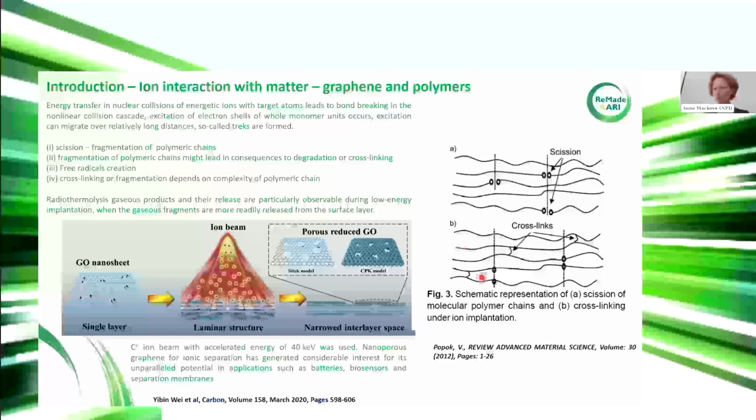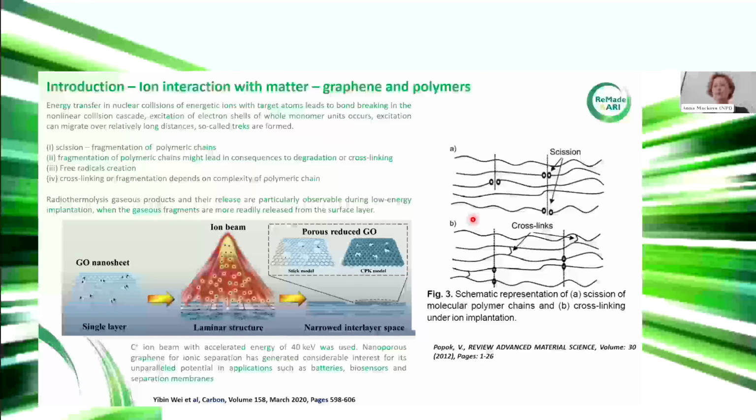Some polymers undergo cross-linking in the case of more complex monomers, and some simpler monomers undergo scission. But free radicals are also created, and typically volatile compounds escape during ion irradiation.